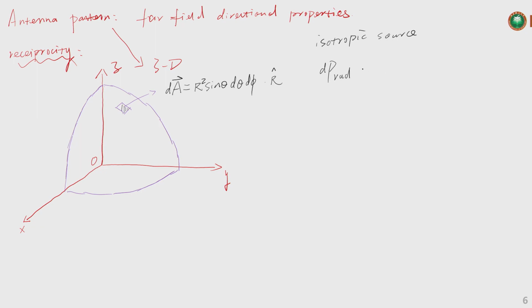So it can be expressed as the density times the unit area, right? Because it's along this radial direction, and the power density also follows the same direction, we can just express it by the scalar.